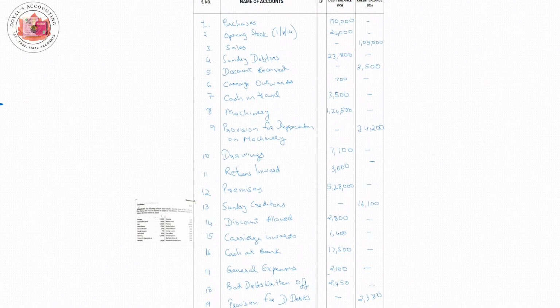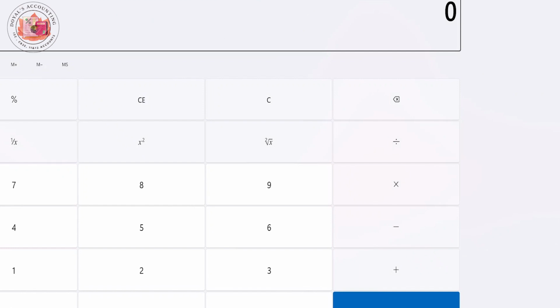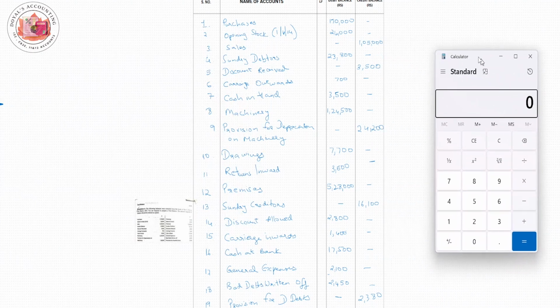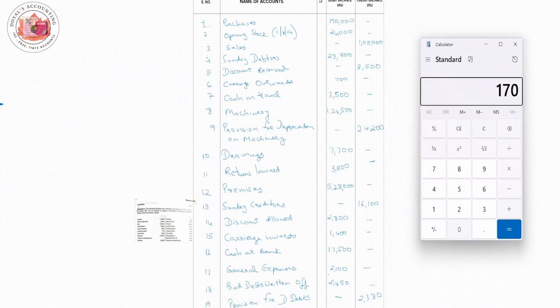So let's calculate. 1,70,000 plus 24,000 plus 23,800 plus 700 plus 3,500 plus 1,24,500 plus 7,700 plus 3,500 plus 5,28,000 plus 2,800 plus 1,400 plus 17,500 plus 2,100 plus 2,450.